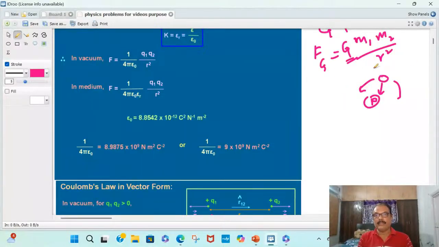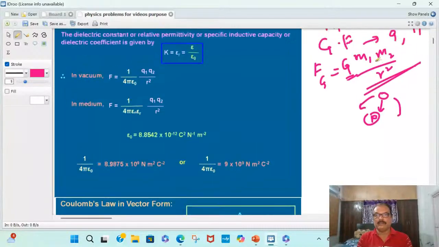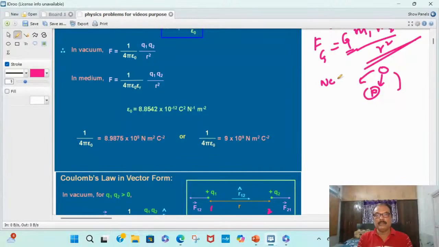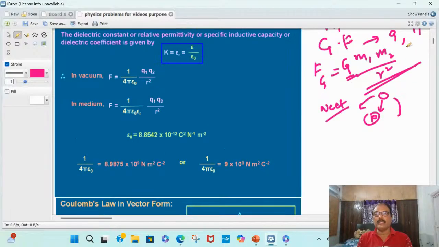So this force will be F equal to G m1 m2 by r square. Simple questions will come even in NEET A level questions, just substituting and recollecting the formulas. You should know what the G value is, and then substitute them.